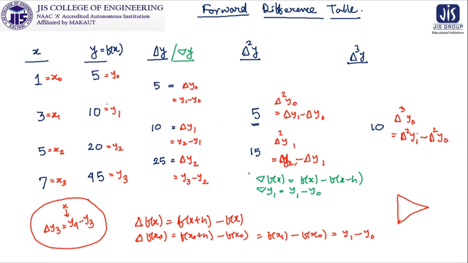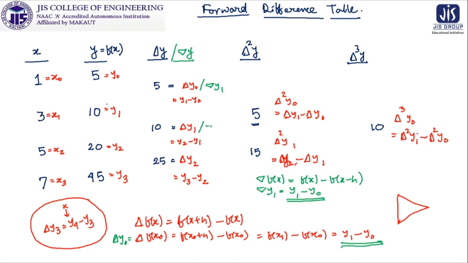So from the expressions' point of view, y1 minus y0 and y1 minus y0 are the same, so the value they provide will also be the same. But the notation from the forward difference point of view is the forward difference operator of f(x0), which is nothing but del y0. The same expression, same value, same thing, if we denote it from the backward difference operator's point of view, just the notation changes and it will be backward difference operator y1.